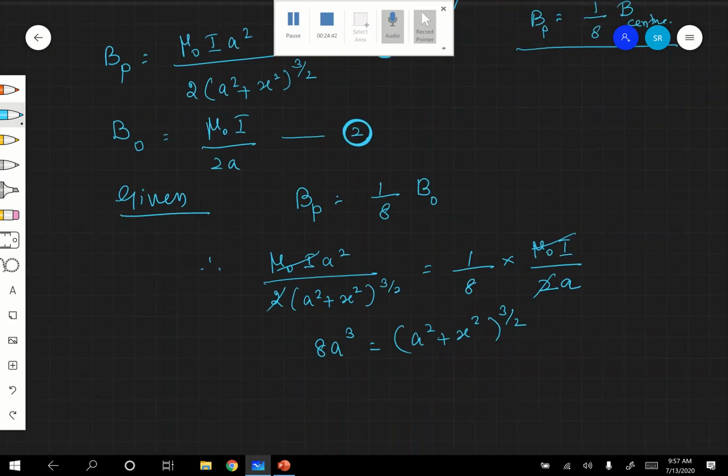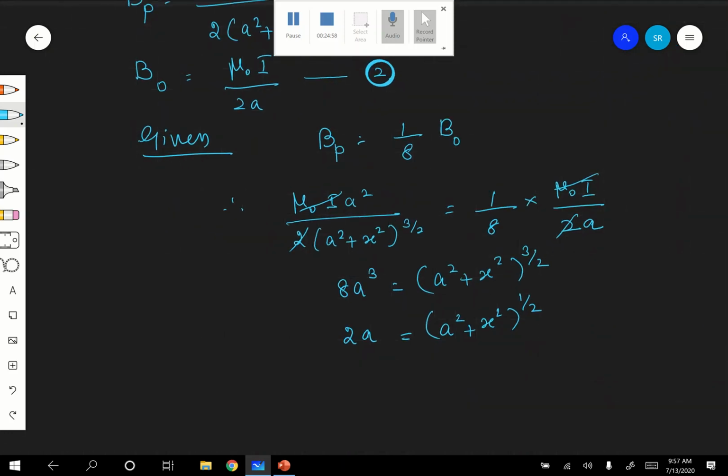Okay, therefore you take the cube root. The cube root of 8A cube is 2A. That is equal to A square plus X square, whose cube root gives the power half. Now, square it because I don't want the root here. Square the equation. Are you following, children? Therefore, 4a square.